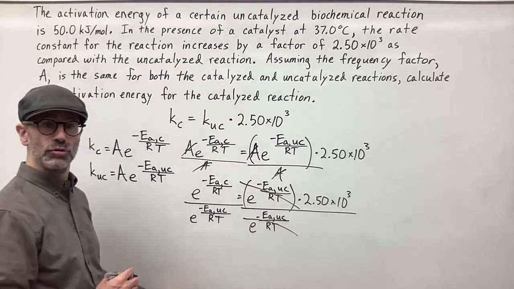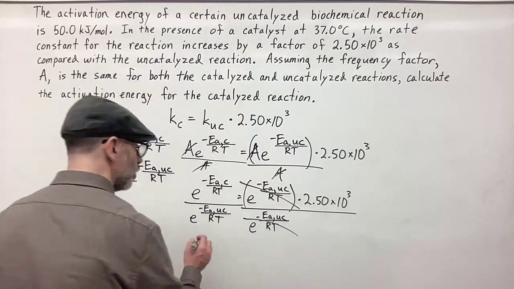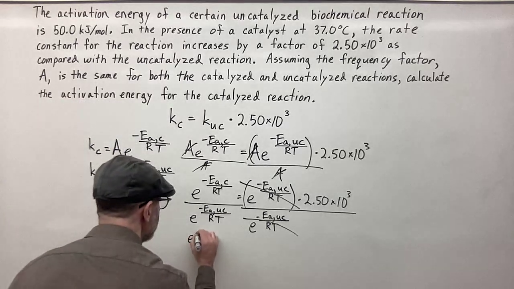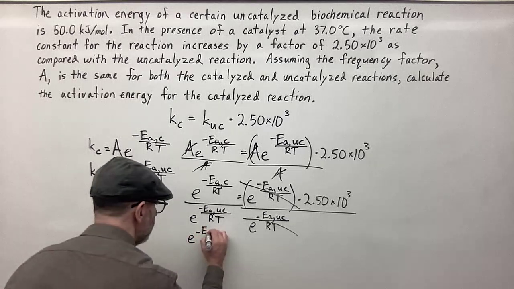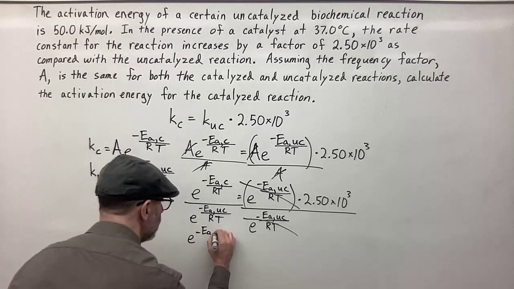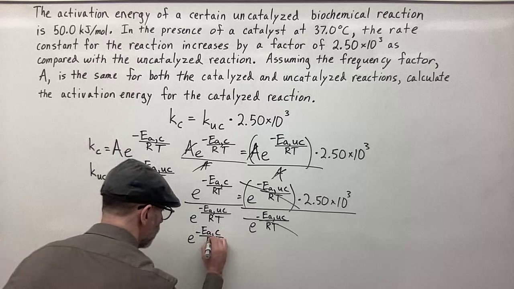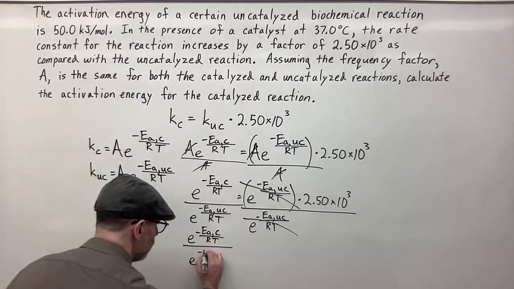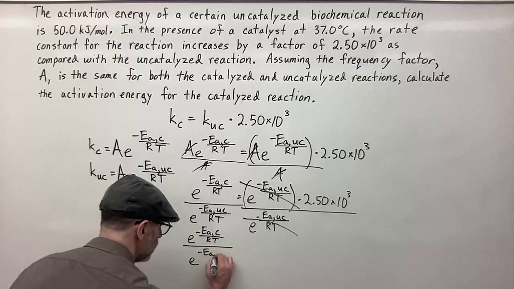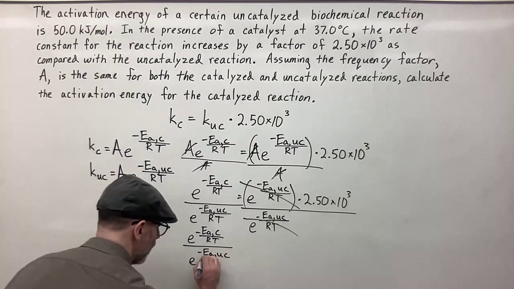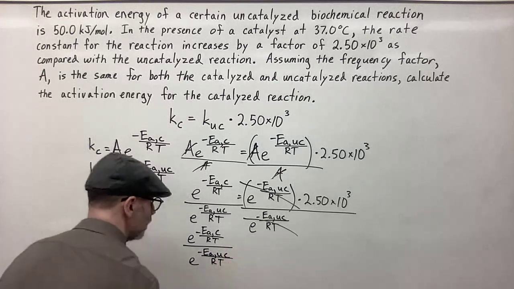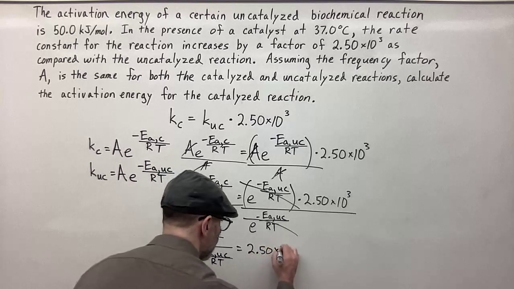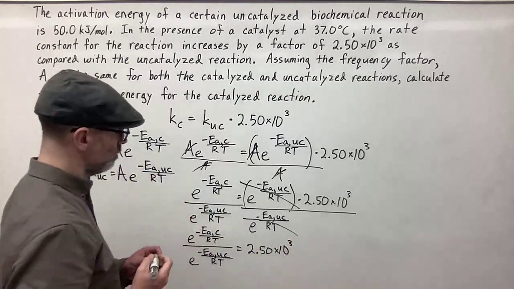So here, then, we'll have E raised to the power of negative EA catalyzed over RT, over E to the power of the negative activation energy of the uncatalyzed, again over RT, and that's equal to 2.50 times 10 to the third.